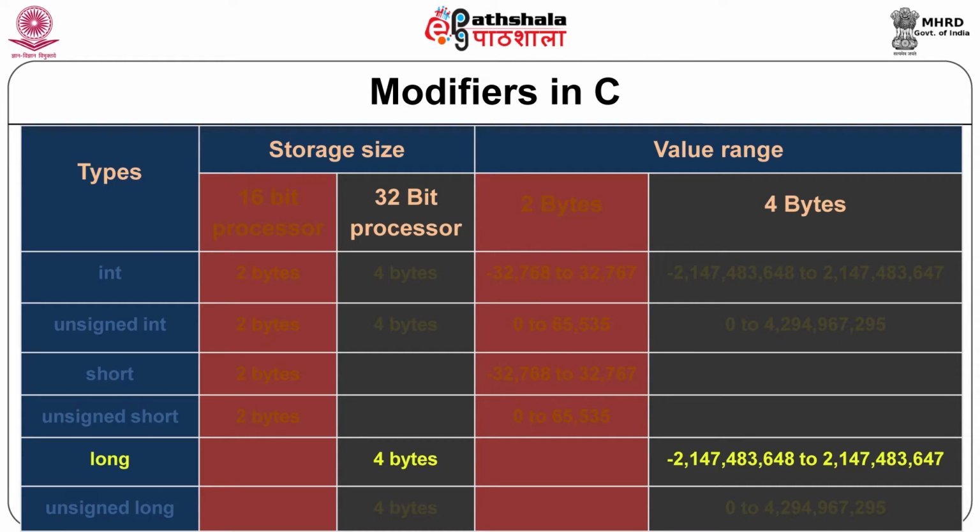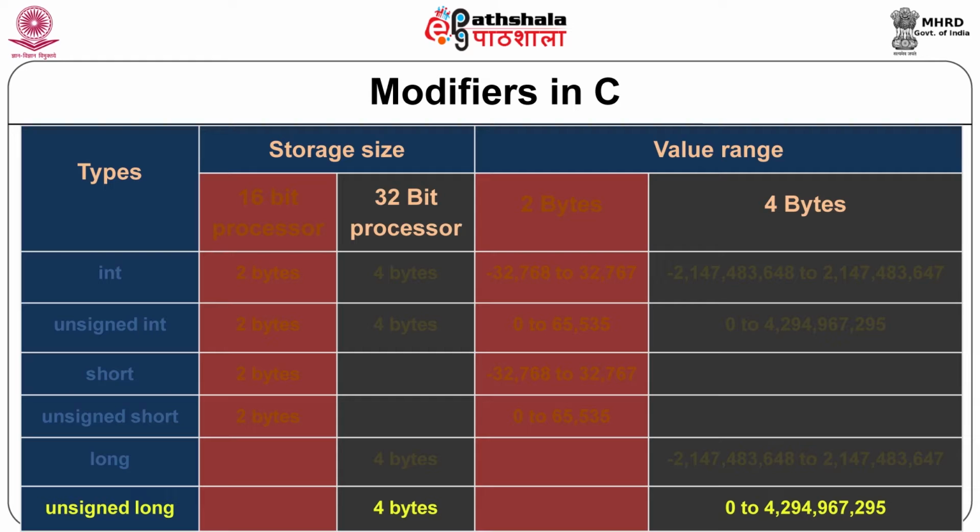For long type, storage size is 4 byte and range is minus 2,147,483,648 to 2,147,483,647. Unsigned long type is 4 byte, range is 0 to 4,294,967,295.